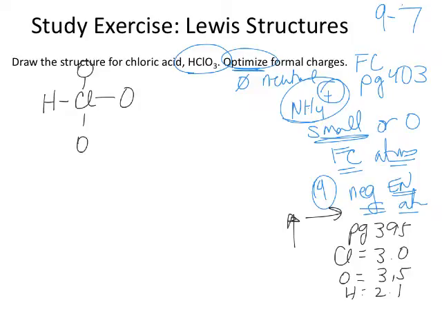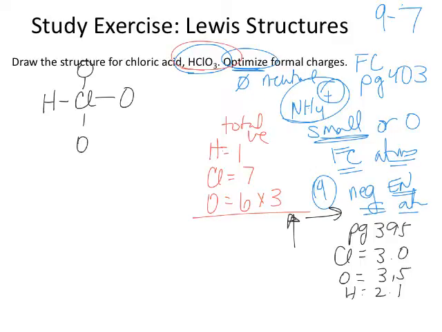The second thing you're going to do is total the valence electrons for this molecule. Hydrogen is in group 1, and there's 1. Chlorine is in group 7, and there's 1. Oxygen is in group 6, and there's 3. There's no charge on this, so you don't have to worry about adding or subtracting electrons. So you have 18 plus 8, a total of 26 valence electrons.